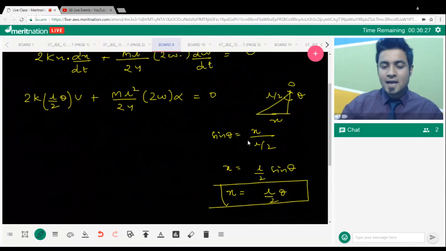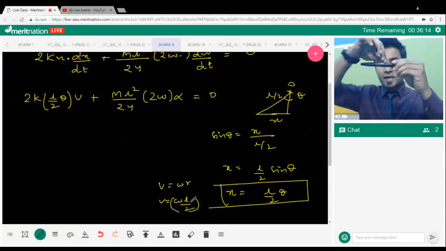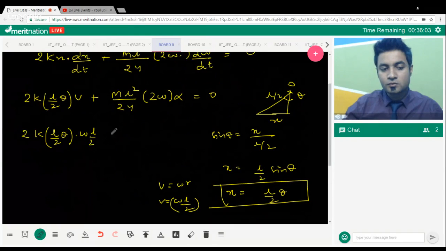As this rod is oscillating in this way, we can convert v equals ω r, so v is ω l by 2, because it is rotating about the axis that is passing through the center. So I can put it here as 2k l by 2 theta, and again ω l by 2, plus ml²/24 times 2ω alpha equals 0.